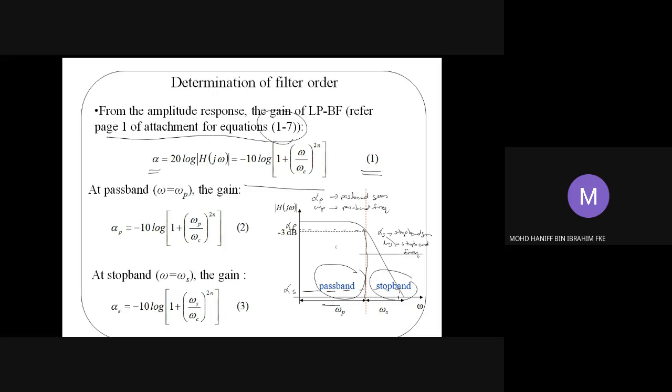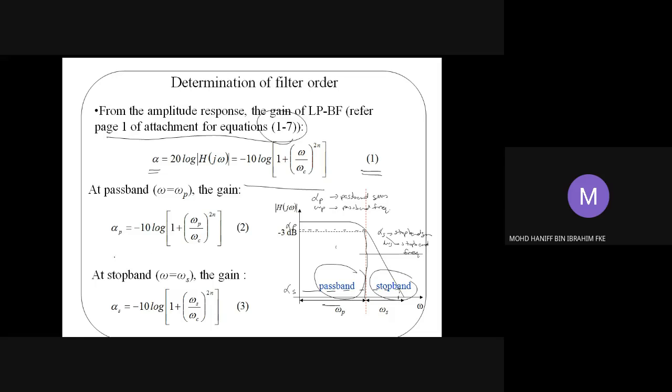Okay. So from here, we can calculate alpha p based on equation number 1, in which we just substitute alpha as alpha p and omega equals omega p.